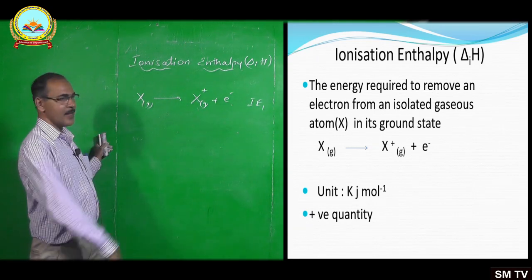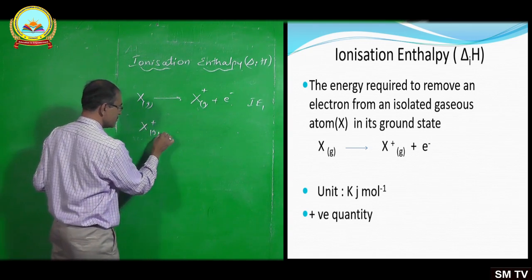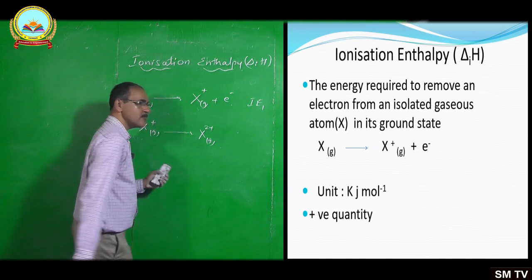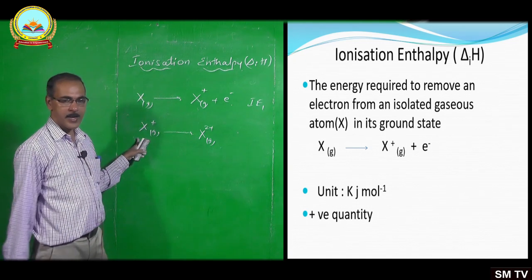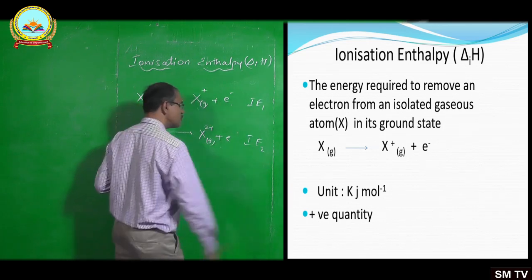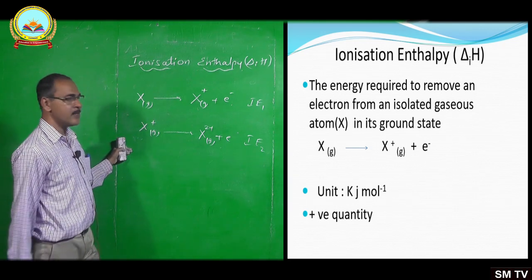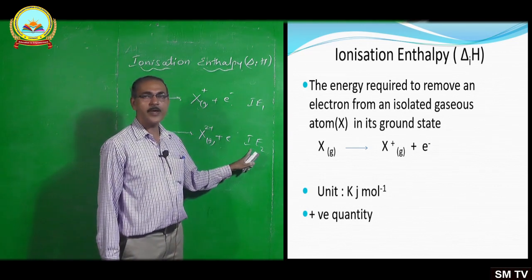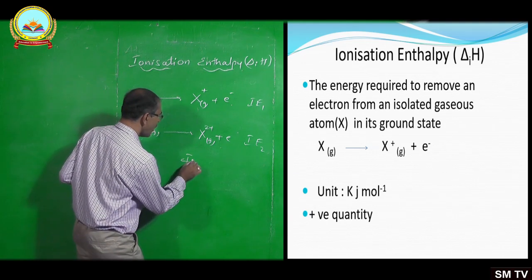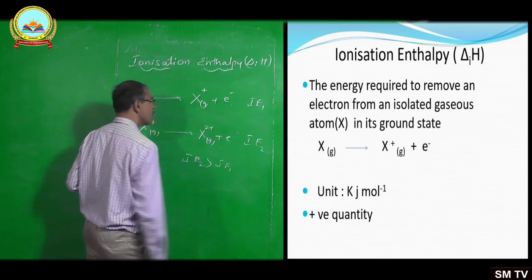If you want to remove another electron from this species, X plus gaseous gives X 2 plus gaseous, one more positive charge because you have removed another electron, plus e. Let me call it IE2. You can still remove the electron. Normally, the second ionization enthalpy is always greater than the first, so IE2 is greater than IE1.